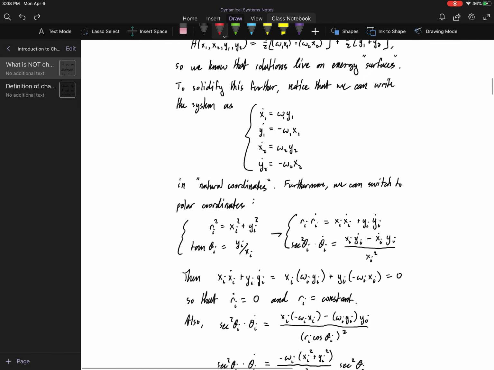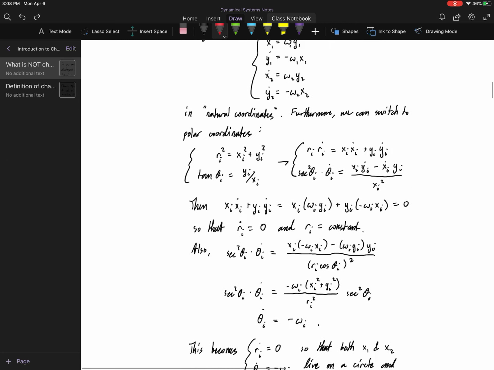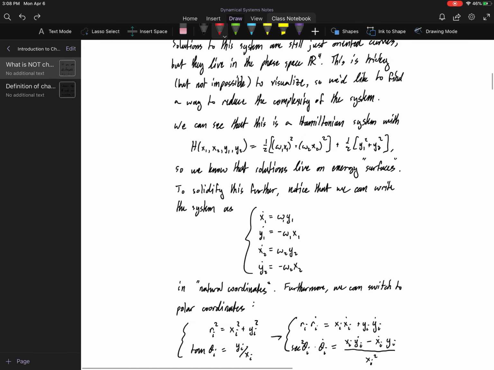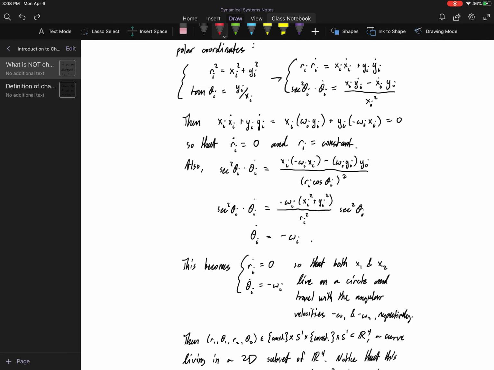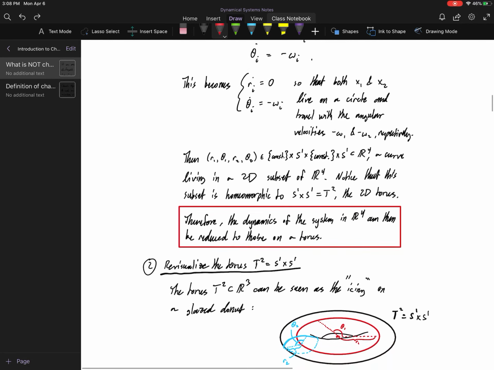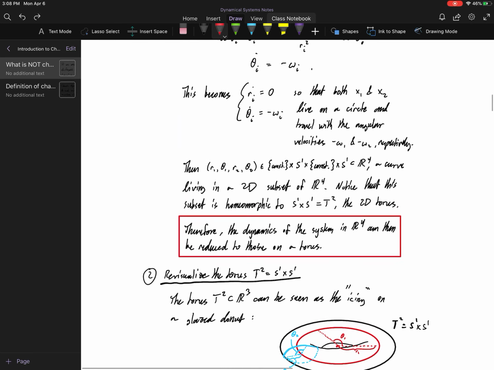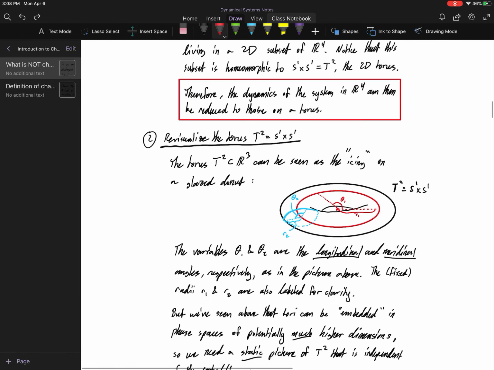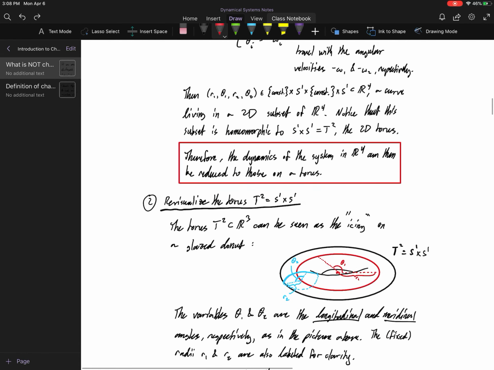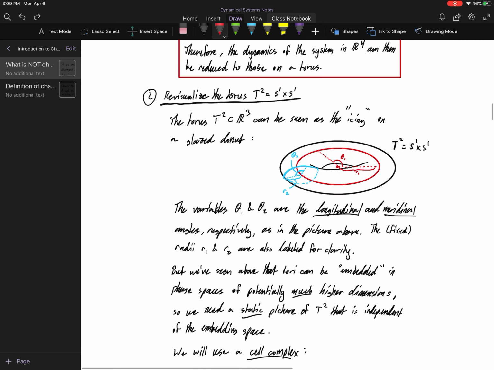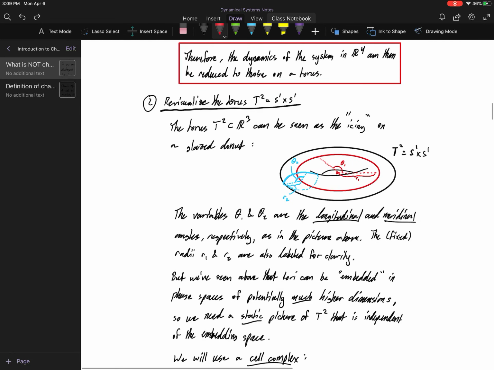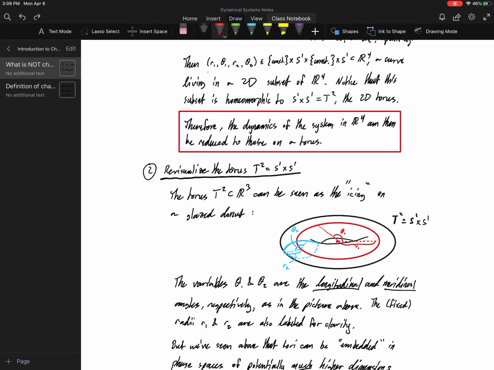So in other words, R4 is going to be foliated with solution spaces, or energy surfaces, that are tori. You can actually see them up here as well. It would be H star equals constant, or H equals a constant. So what now? Well, we're going to have to figure out what this torus looks like as it sits in R4.